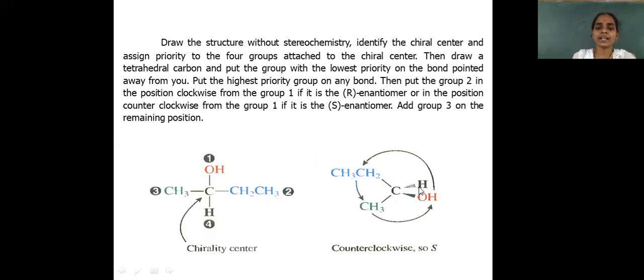And here, the chiral carbon has hydroxy, ethyl, methyl and hydrogen. So first, second and third, and fourth here, the rotation moves anti-clockwise. Hence we give the S configuration. This is a compound consisting of a single chiral carbon.